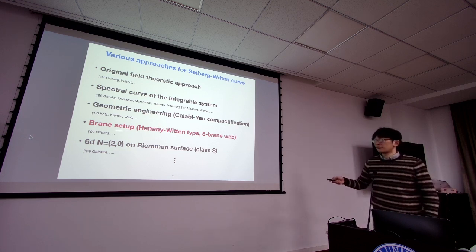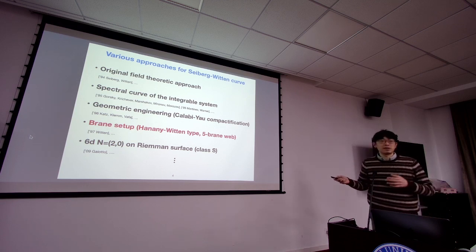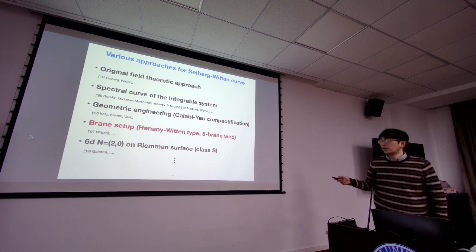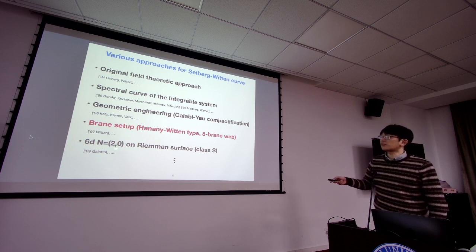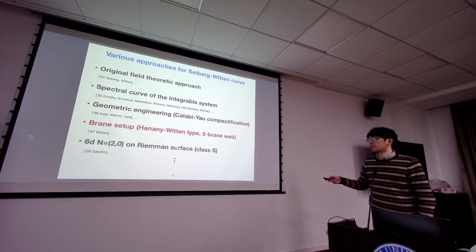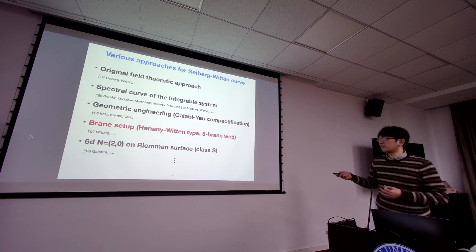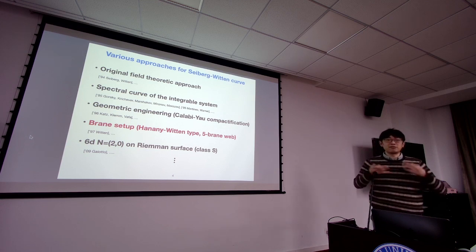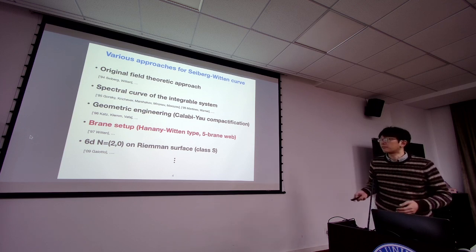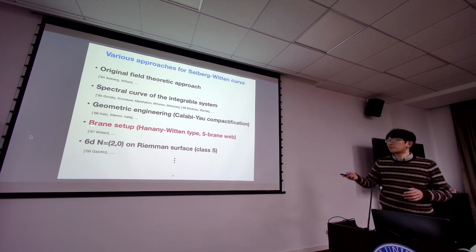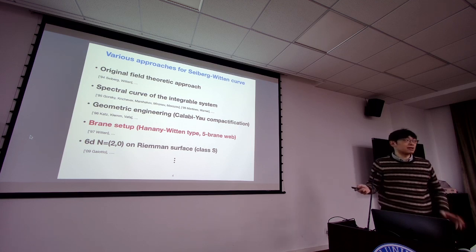The next is through a brane setup based on Hanany-Witten type or 5-brane webs, and this is the main topic of my talk. A relatively recent approach is to start from the 6D N=(2,0) theory, compactify on a Riemann surface, which gives class S theory, and the Seiberg-Witten curve can be described in this context too. I would mainly focus on the brane approach, and also comment on geometric engineering a little bit in the middle.